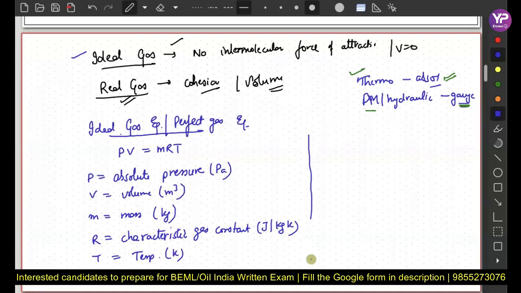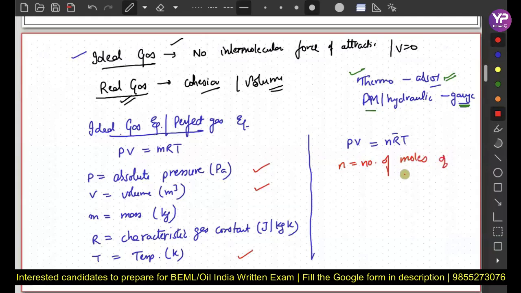Now, we can also rewrite the ideal gas equation in another form, which is written as PV = nR̄T, where P is the same, V is the same, temperature is the same. What is n? n represents the number of moles of a substance, and mole is the unit here.